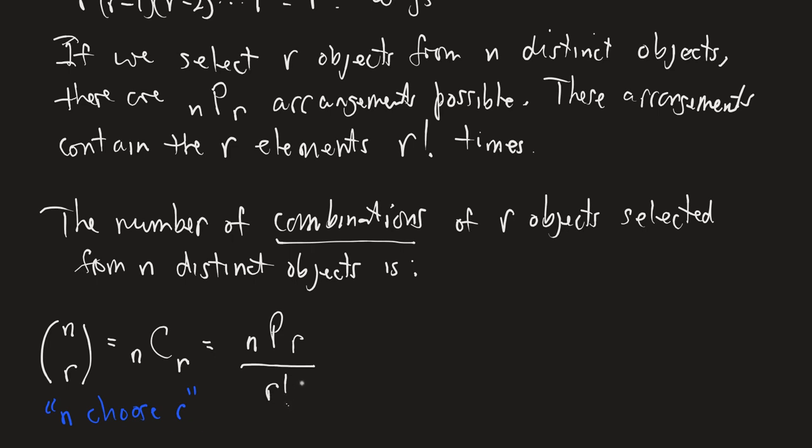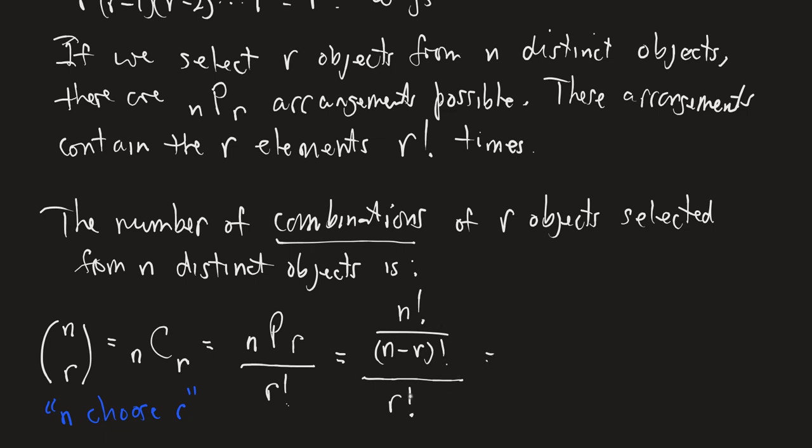Remember, the numerator, your NPR, is N factorial over N minus R factorial. But now we're dividing that whole fraction by R factorial.